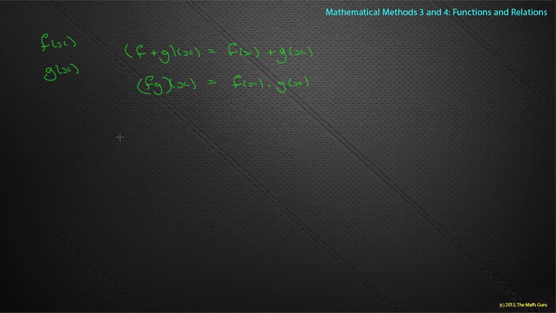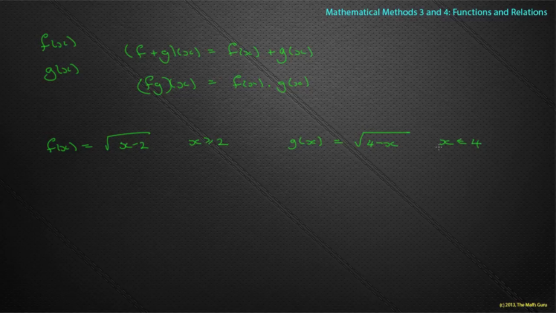And as a quick example, if we have f of x is equal to the root of x minus 2, then we know that x has to be greater than or equal to 2 for this to work. And if we have g of x to be the root of 4 minus x, then we know that x has got to be less than or equal to 4 for that to work, otherwise we end up with negatives again. So we now know that the domain of f intersected with the domain of g, the numbers that apply to both of them, will actually be between 2 and 4, right?